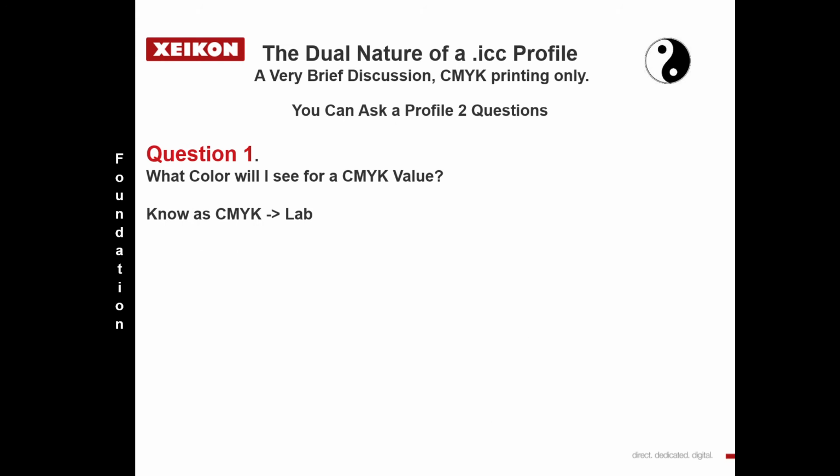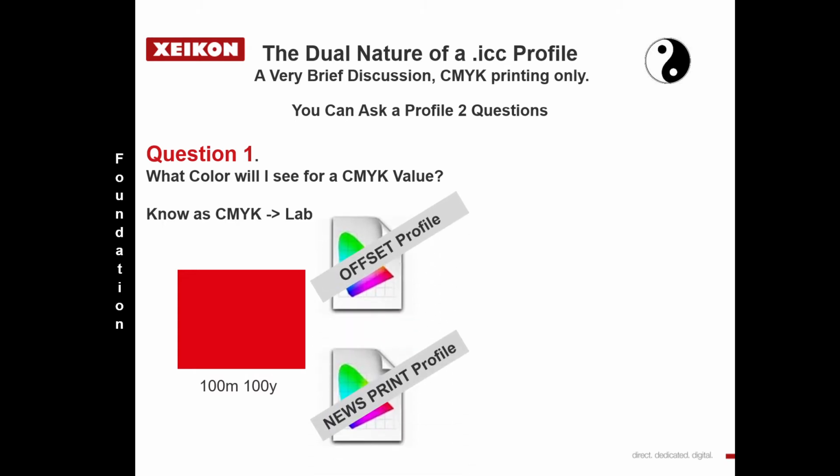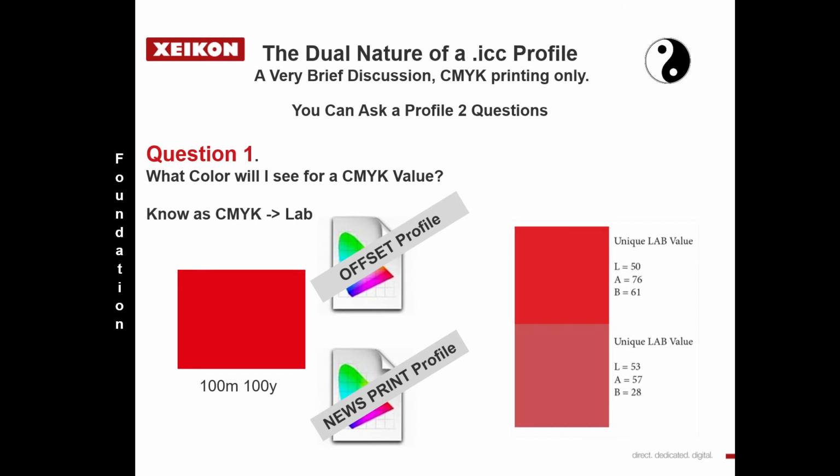Now, the next thing you need to understand about profiles is that there is a duality to them. And you can ask a profile 2 questions. And question 1 is, what will I see for a CMYK value? So remember our process, read in the file, and then if we have a profile of our offset and a profile of our newspaper, it will tell me the visual result of printing on that system with that input value.